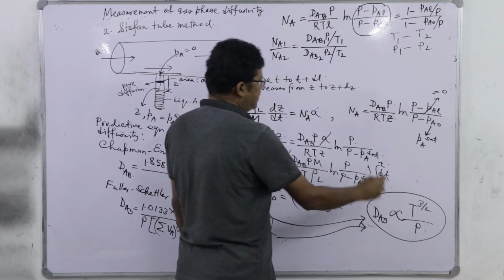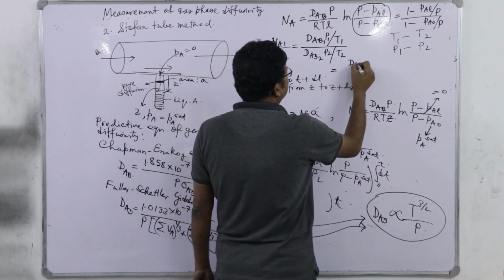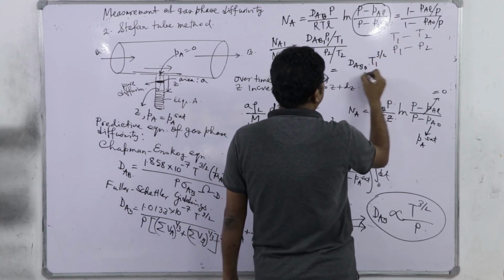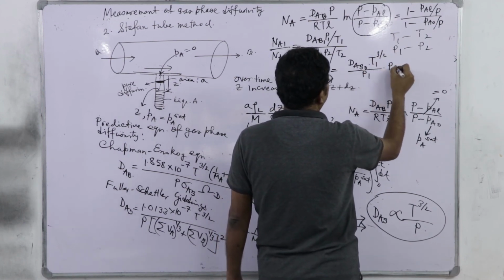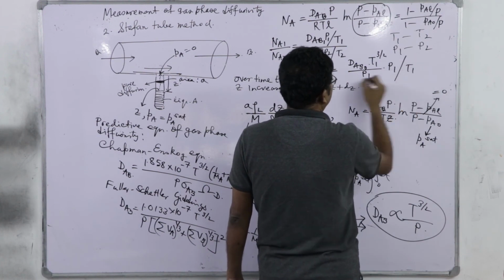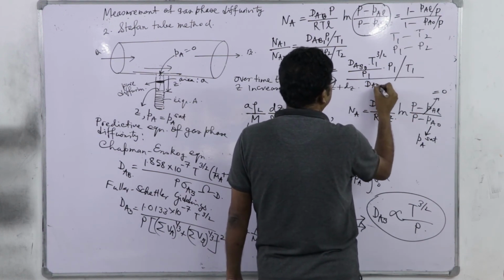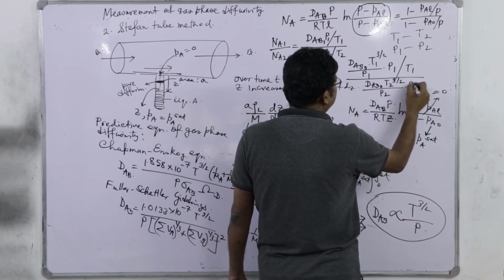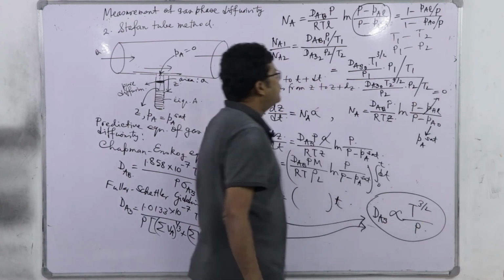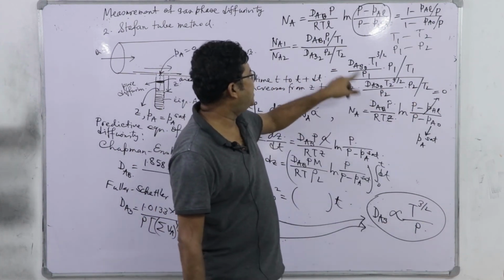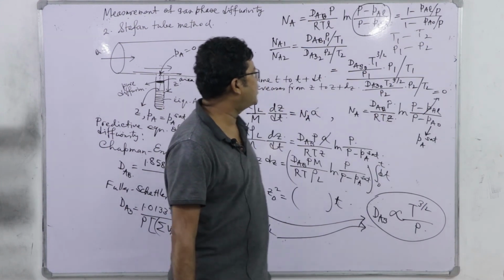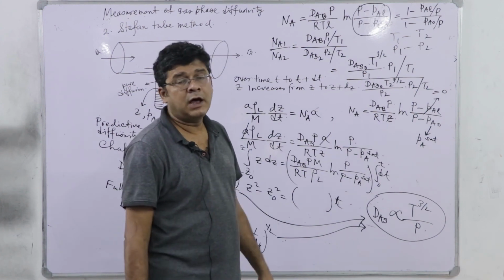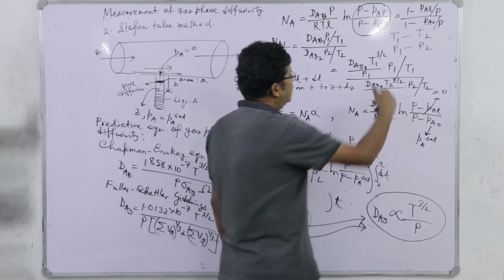So, DAB is now DAB0 into T1 to the power 3 by 2 by P1, into P1 divided by T1, divided by DAB0 into T2 to the power 3 by 2 by P2, into P2 divided by T2. So, basically P1 cancels out, DAB0 cancels out, P2 cancels out, and T1 to the power 3 by 2 divided by T1 will give you T1 to the power half, right, in the numerator.